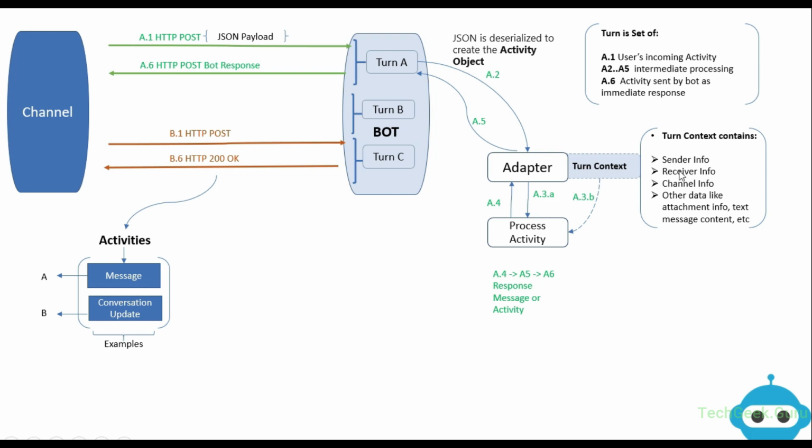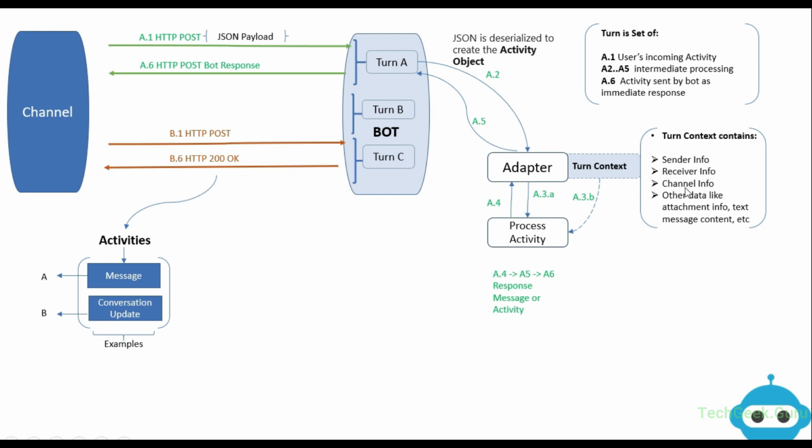The turn context gives the bot information like the sender info, from where the message is coming. The bot will create a sender ID and a receiver ID based on this information. So the bot needs to know where the information is coming from and where it needs to respond back. All this information is held in the turn context.